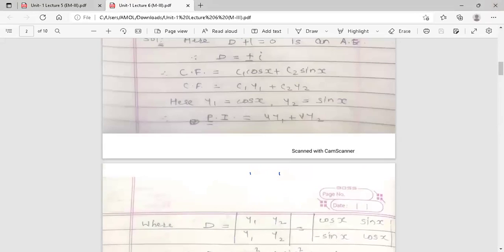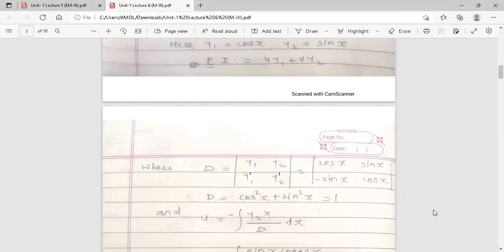So y1 is cos x and y2 is sin x, from the complementary function. So in the first row you write cos x and sin x. Now the derivative of cos x is minus sin x, so you write minus sin x in the second row, and the derivative of sin x is cos x.